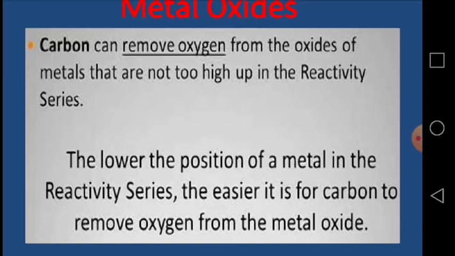So carbon is only going to remove the oxygen from the oxides of metals which are below carbon in the reactivity series.